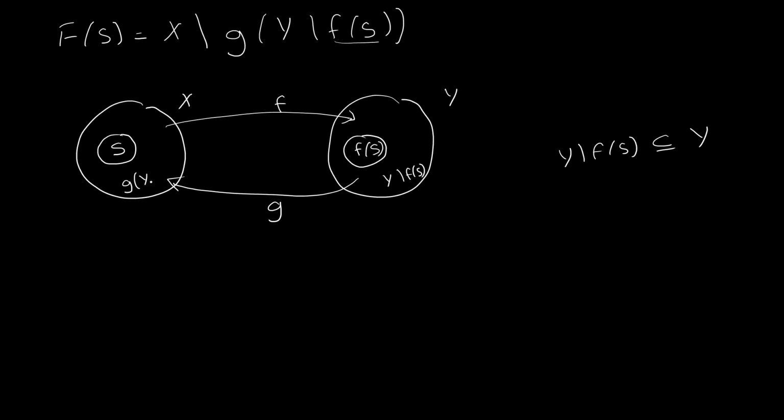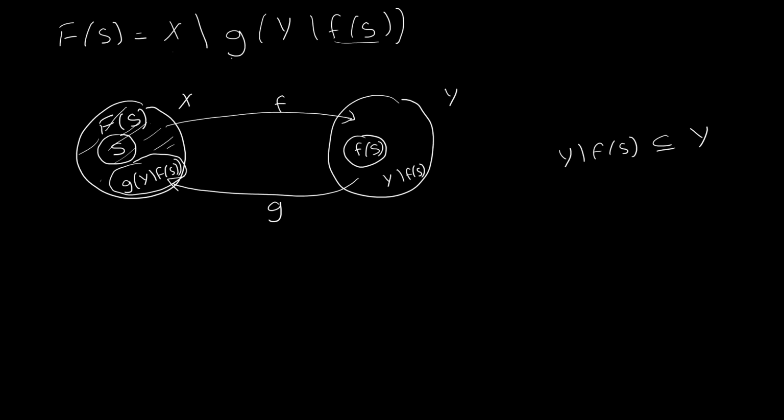What we are interested in is X minus g of (Y minus f of S), whatever this part is, or the entire remaining part, and this becomes my capital F of S basically. So this is how it looks diagrammatically.